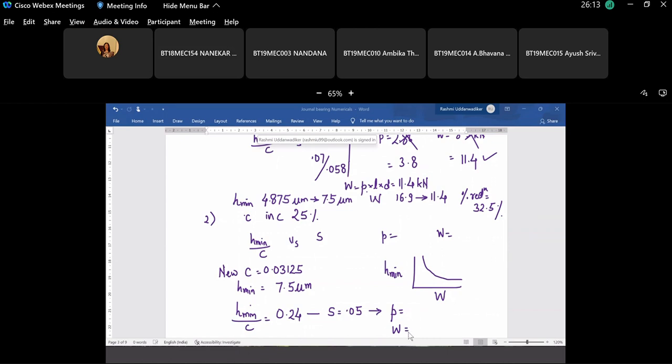Give me load. Why are others not giving me the value for pressure?